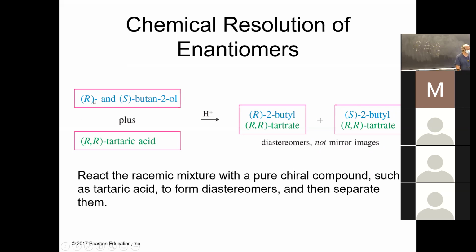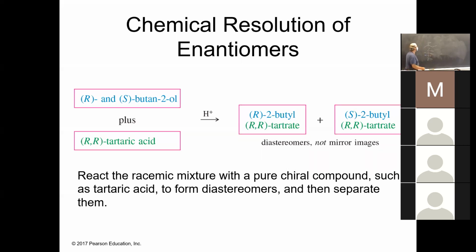We have R and S butan-2-ol, and then tartaric acid. So this is RR tartaric acid.